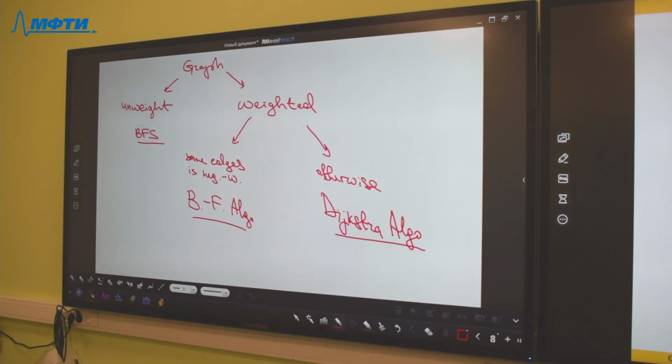I think on the 5th or the 6th lecture. Each lecture there is a contest. This week we will have a new contest, and you need to use Bellman-Ford's algorithm and Dijkstra's algorithm in practice.